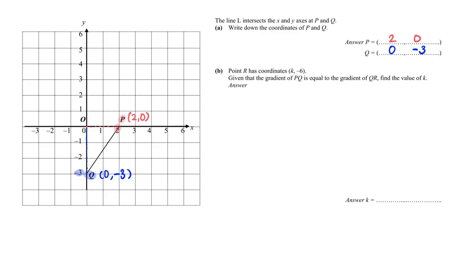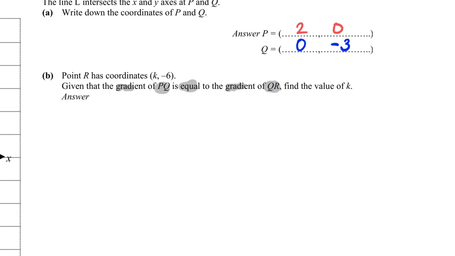Point R has coordinates k, -6. And there is an important clue that is given here. The gradient of PQ and the gradient of QR are equal. So step 1, obviously we will have to find the gradient of both. I will be able to find the gradient of PQ easily.